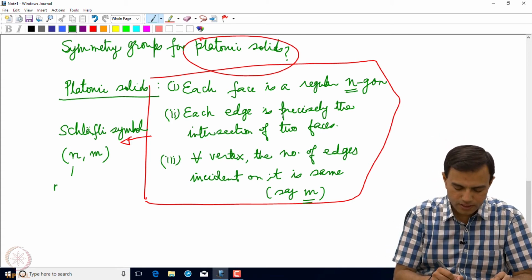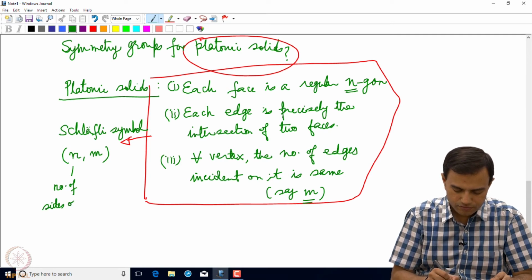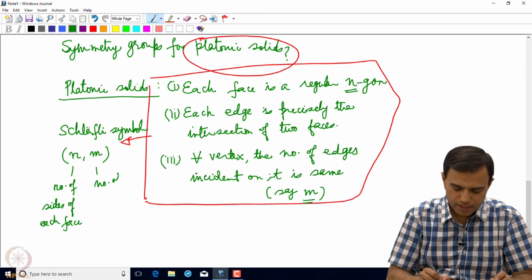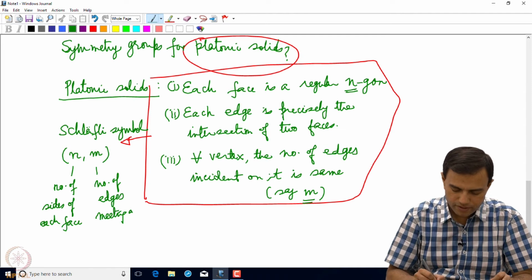So this is the number of sides of each face, and this is the number of edges meeting at a vertex.